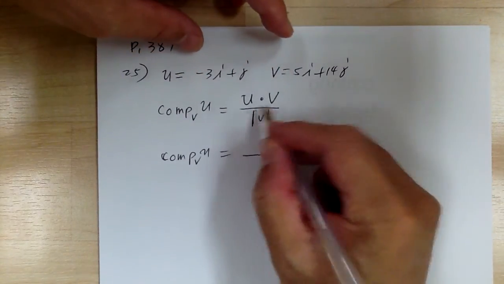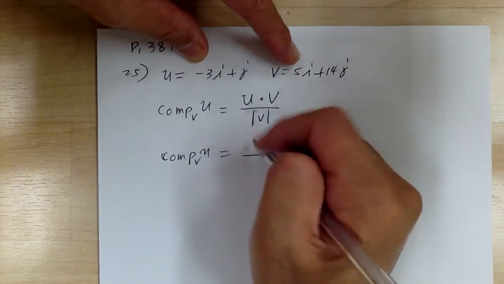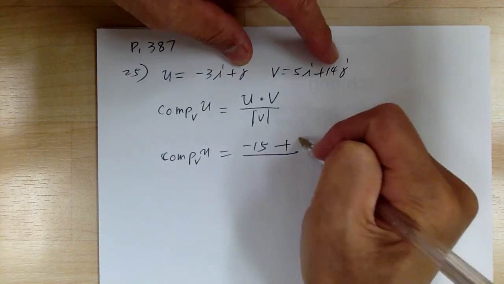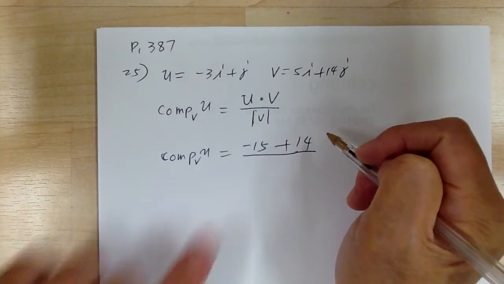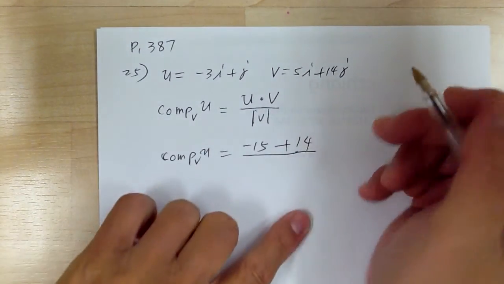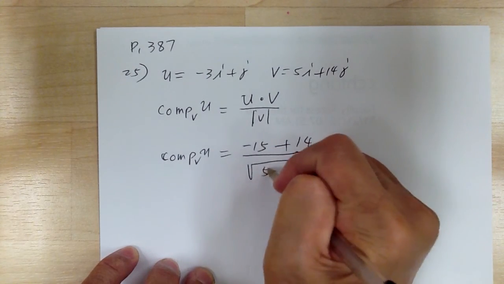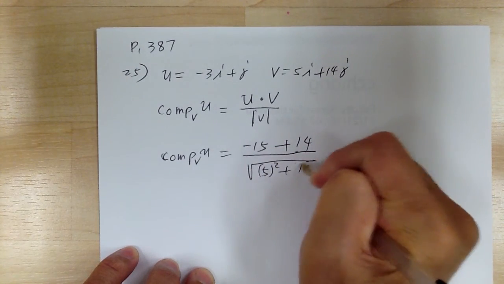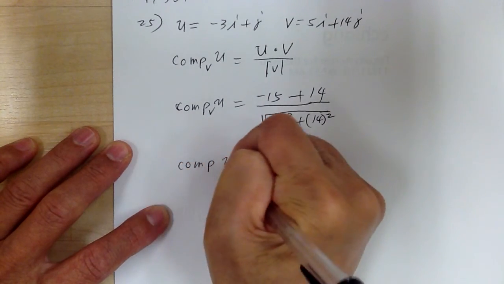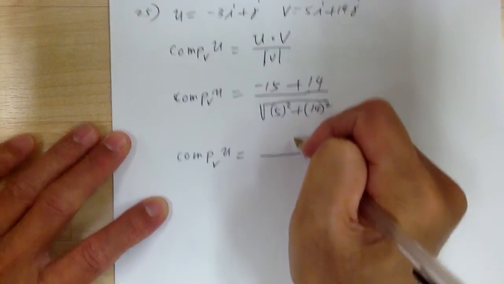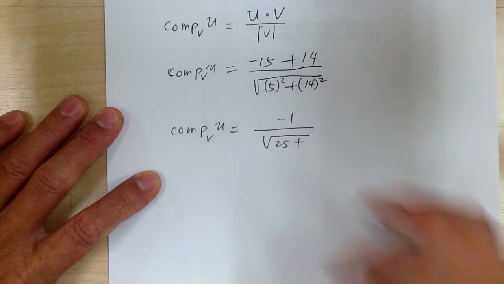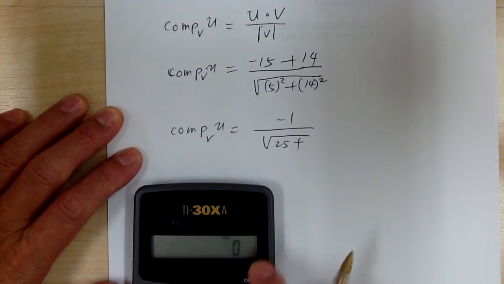So u dot v, you multiply, this will give you negative 15 plus 1 times 14, which is 14. And for the length, you have to use the Pythagorean theorem: square root of 5 squared plus 14 squared. So the component of u on v equals negative 1 over square root of 25 plus 196.